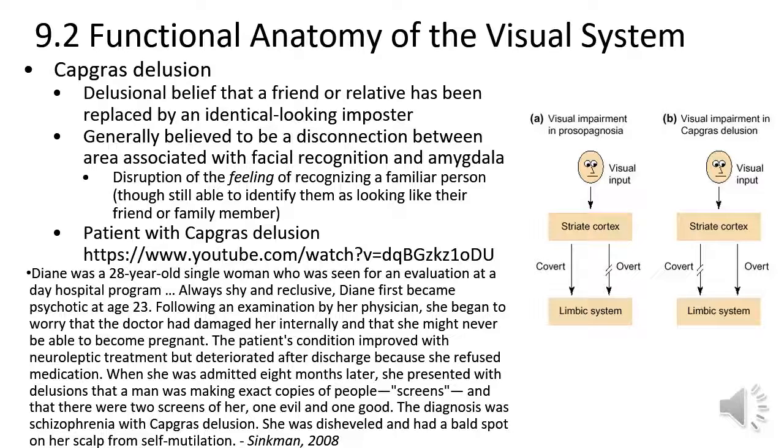And it's generally believed to be a result of a disconnection between the brain areas associated with facial recognition and the amygdala, which, if you remember, is the part of the brain associated with emotion, so feeling emotion. And the result of this disconnection is a kind of a lack of that feeling of recognizing a familiar person.